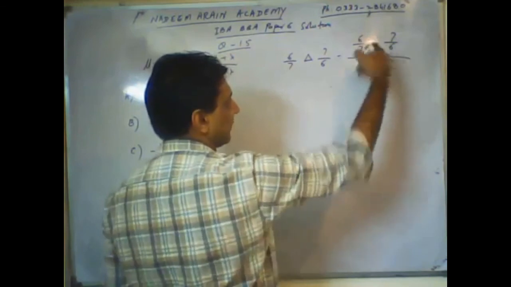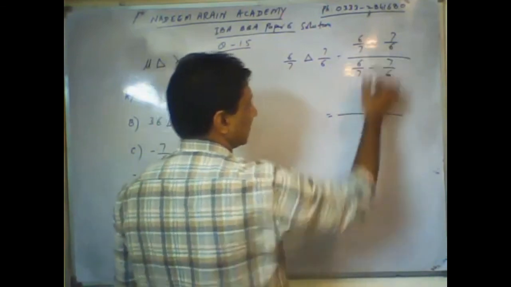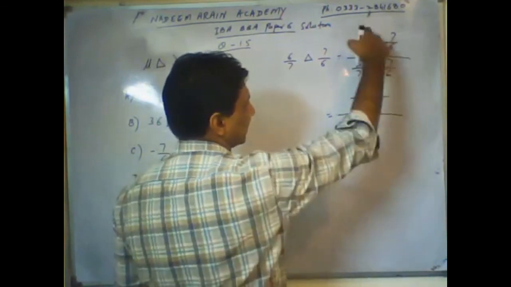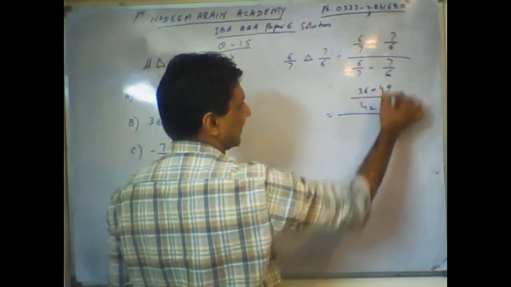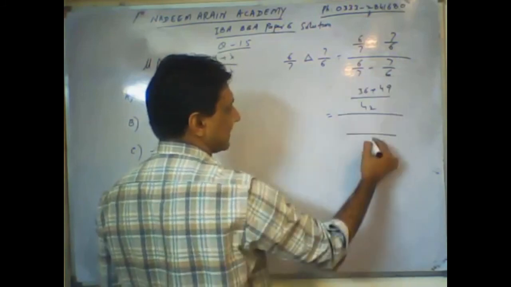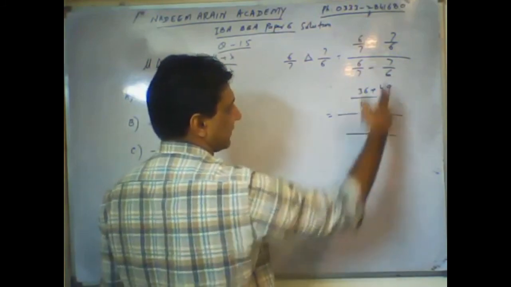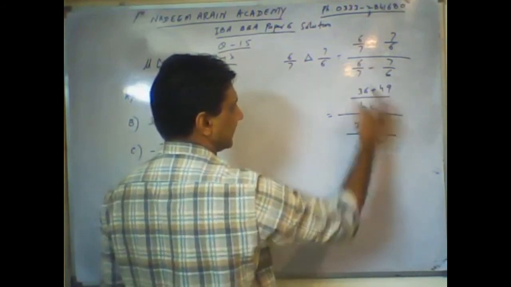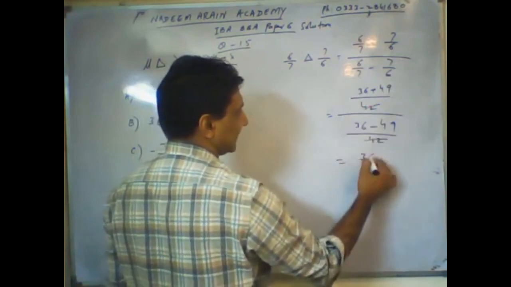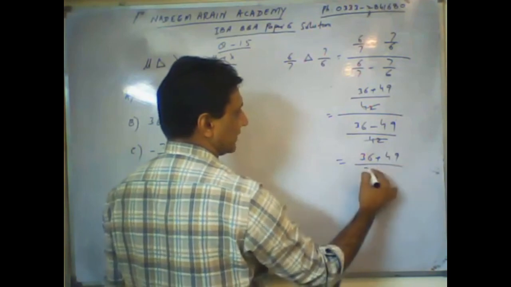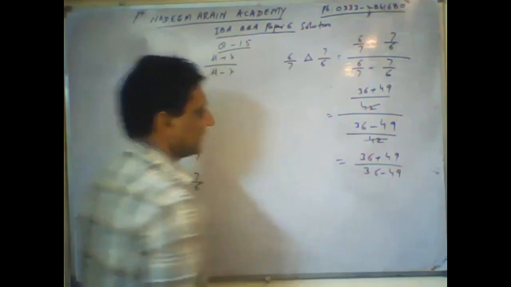So the LCM is 42. 6 times 6 is 36 plus 7 times 7 is 49. 36 plus 49 divided by, again the LCM is 42, 6 times 6 is 36, minus 7 times 7 is 49. So these are cancelled. 36 plus 49 over 36 minus 49.